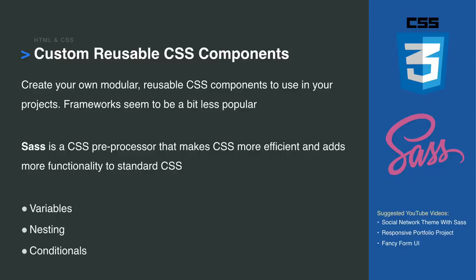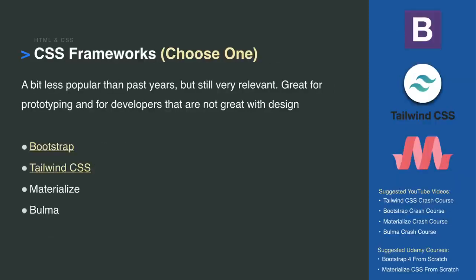So Sass is definitely a technology that I would suggest learning, and it's pretty easy to learn. I mean, if you already know CSS, you can learn Sass very, very quickly. So definitely something I'd look into. And you can actually create separate Sass files for each reusable component. And I'm actually going to do a video on this soon about using modular reusable CSS.